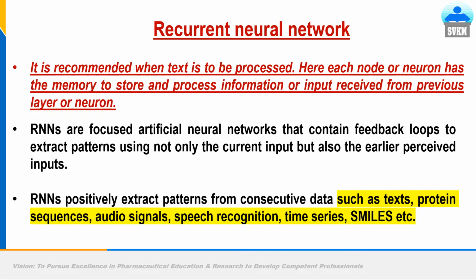Here each node or neuron has the memory to store and process information or input received from the previous layer or neuron. So as I told you, you are typing an email: today I am ill, I am sick, I am not feeling well, so today I will not be able to come to. After "to", it will automatically write office.